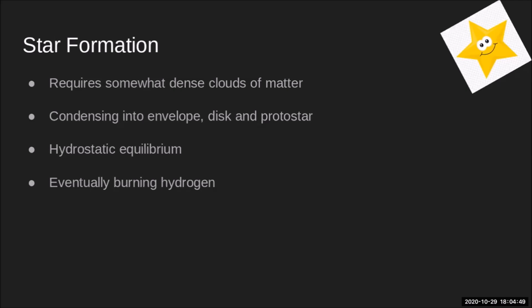But the important thing is that these densities allow matter to gravitationally attract other bits of matter, creating protostars. There are three big parts of protostars: the envelope, the disk, and the protostar itself.